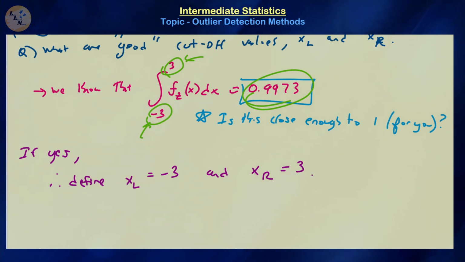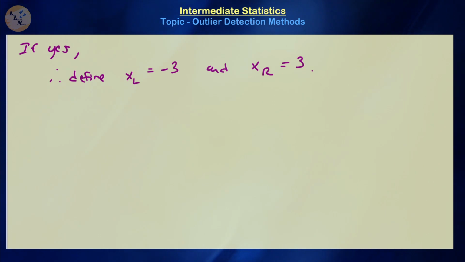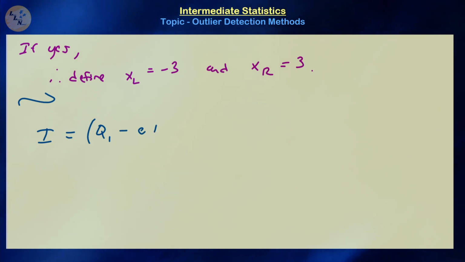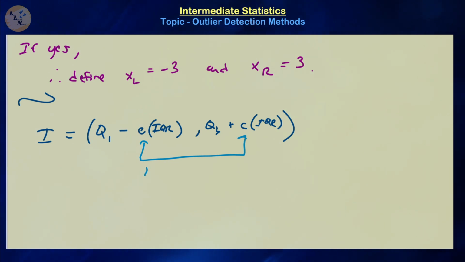Remember, when we first talked about interquartile ranges and outlier detection intervals, we had a nice little structure for that. We had an interval I, which was defined to be equal to Q1 minus C times the interquartile range, and Q3 plus C times the interquartile range, where this C was a threshold constant.